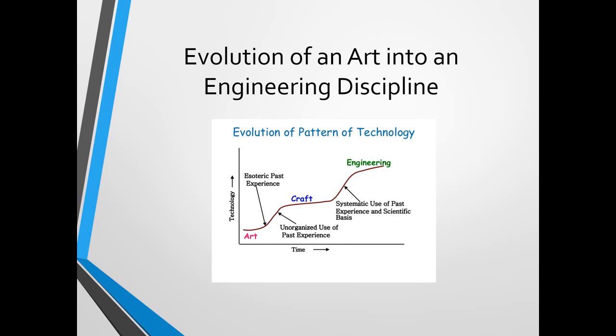Now let us illustrate this fact using an example. Consider the evolution of iron making technology. In the previous years, only a few people knew how to make iron. Those who knew iron making kept it a closely guarded secret. This esoteric knowledge got transferred from generation to generation.